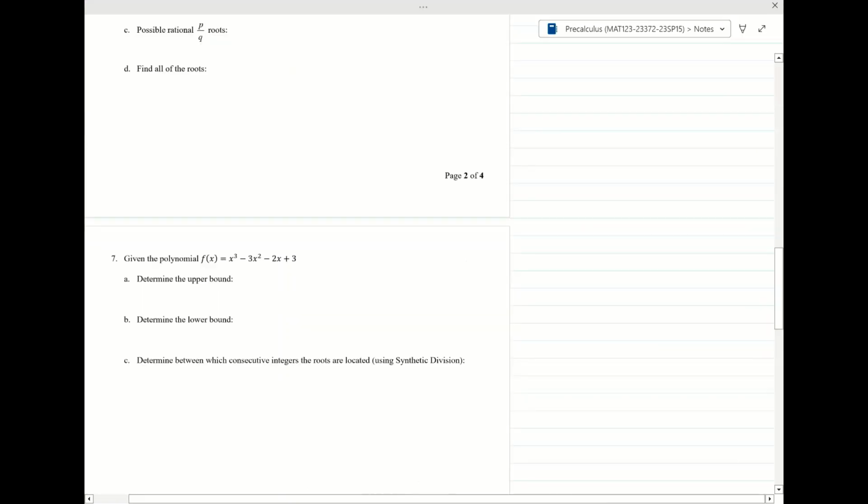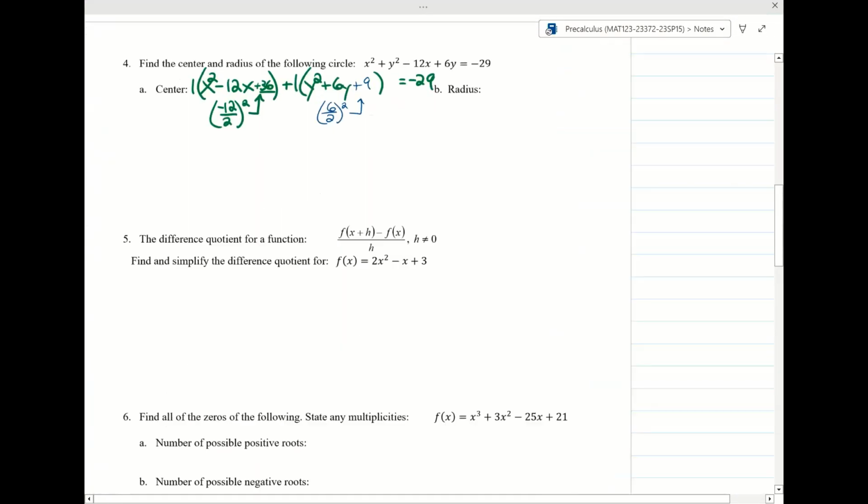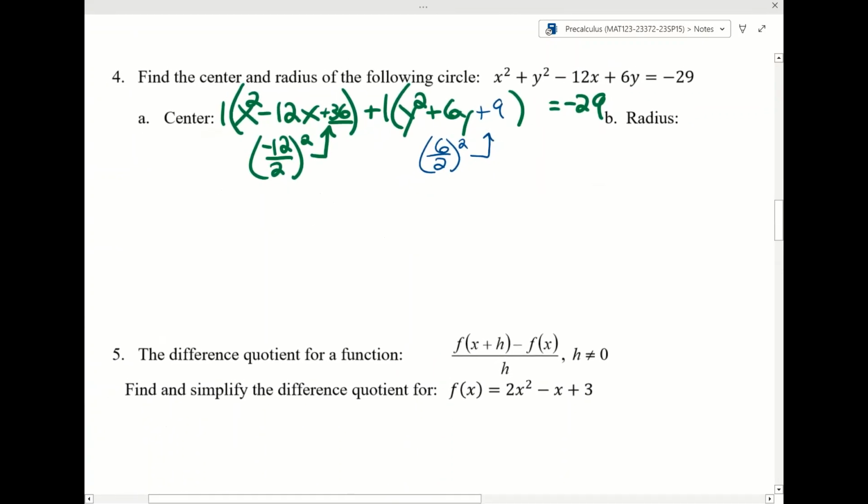So let me get a little better organized here. I'm going to write 1 times x squared minus 12x plus 36. Let me give myself a little more room.